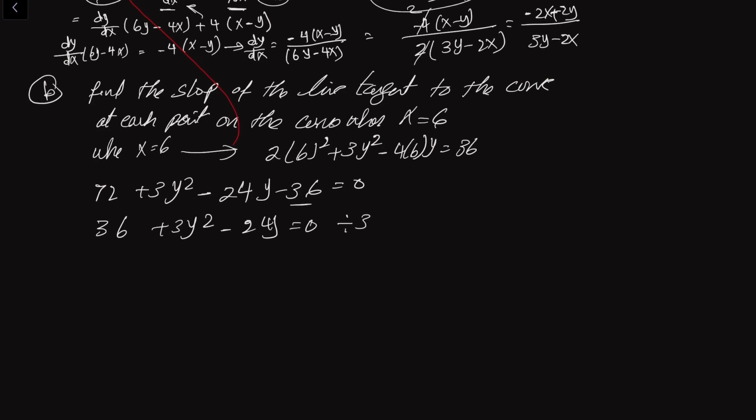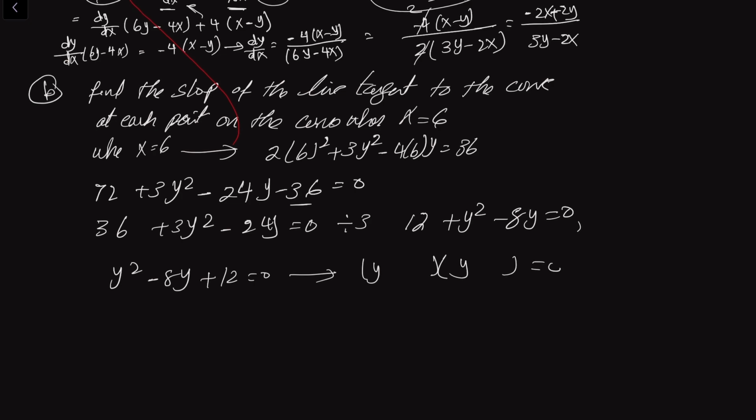Divide by 3, so that would be 12 plus y squared minus 8y equals 0. So let's rearrange this: y squared minus 8y plus 12 equals 0. Then factor: 6 times 2, negative, negative. So that means we have y equals 6 or 2. Right? So that's the two y values.